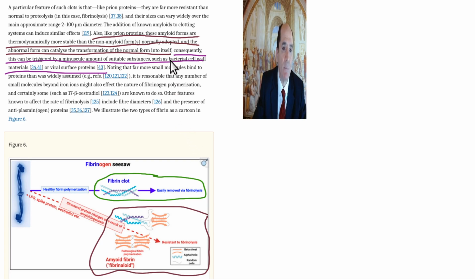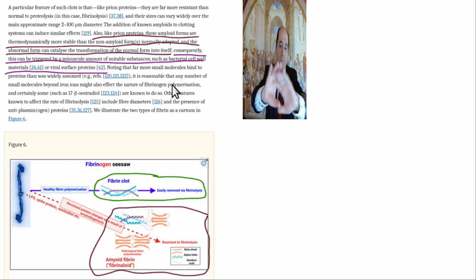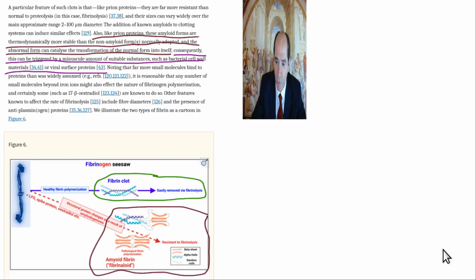And these are more stable than the normal spaghetti-like clots, and they can plug up small arteries in the heart, and they can cause atrial fibrillation. So that is leaky gut leading to amyloid clotting as a mechanism of atrial fibrillation, and you prevent this by avoiding leaky gut and also by avoiding being iron overloaded.